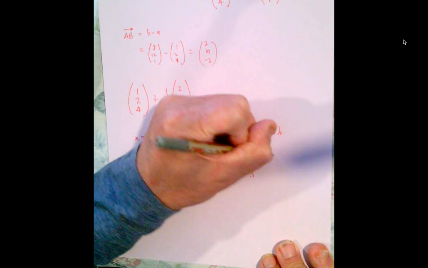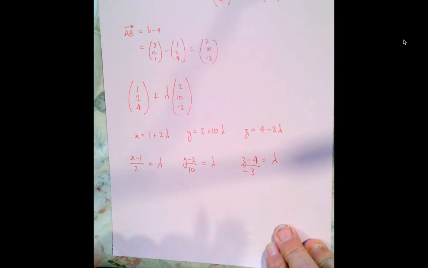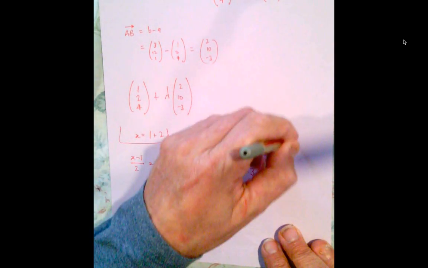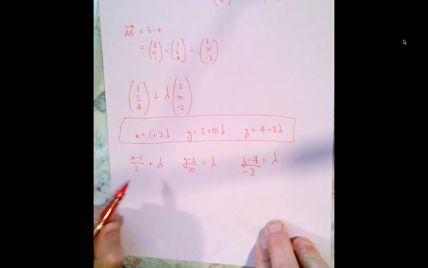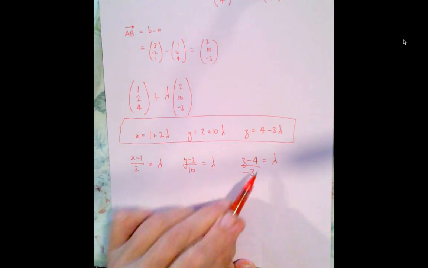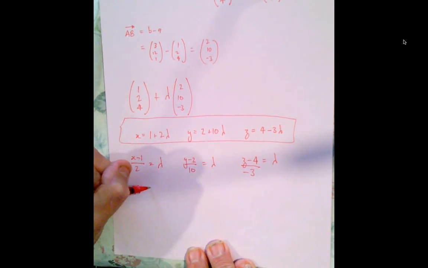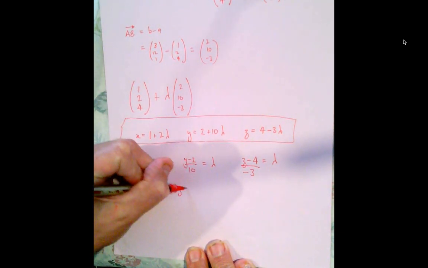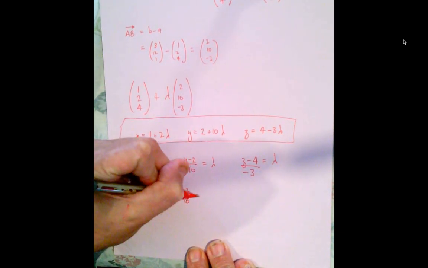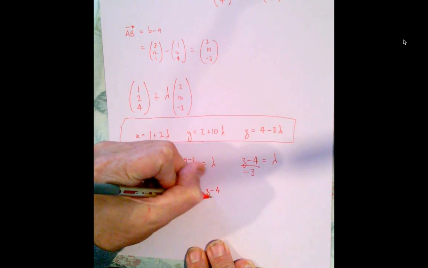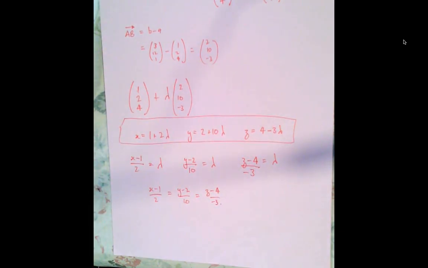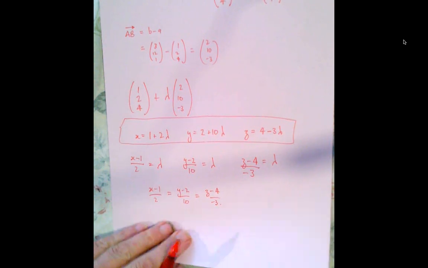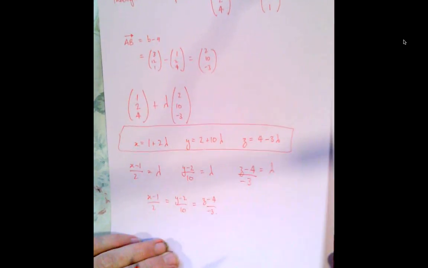And that's what lambda is. Or we could know that these three things must be equal, so we could write x minus 1 over 2 equals y minus 2 over 10, and that also equals z minus 4 over minus 3, because they all equal lambda. So that's just another way of writing it.